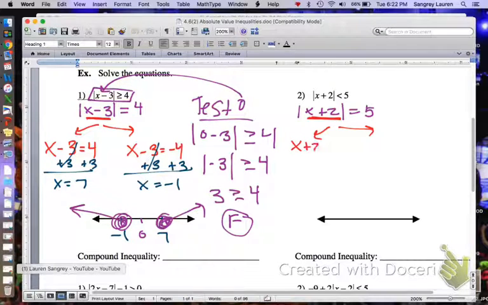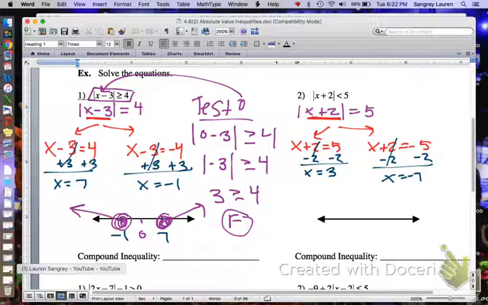We have x plus 2 equals positive 5, and x plus 2 equals negative 5. Now we need to solve for x in both of these equations. Minus 2, x equals 3. Minus 2, x equals negative 7. There are our two critical numbers, so they need to go on the number line.